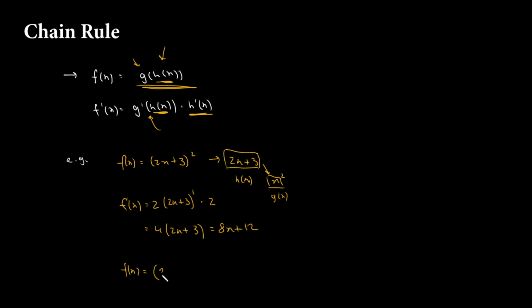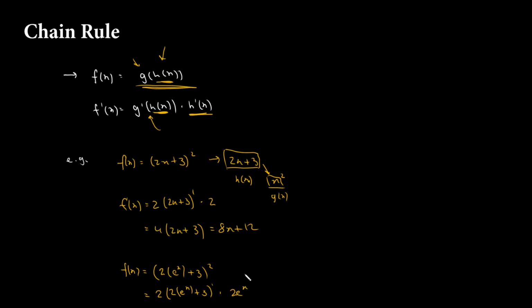Say you have another function inside this place of x, say e to the x, right? Plus 3, all to the power of 2. In this case, you would obviously derive the outermost function first, right? So you would get 2 times (2e^x + 3) to the power of 1 times the derivative of the inside function, which is 2e^x, right?